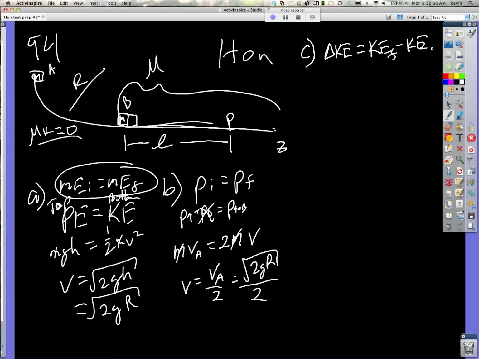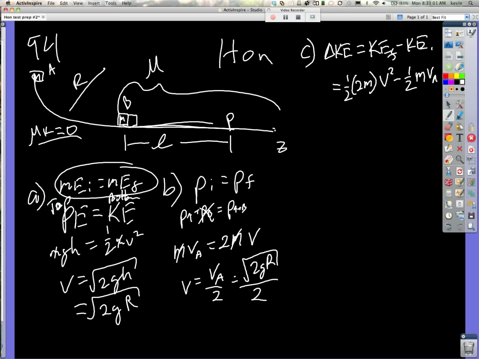So when I do this, I get m times square root of 2GR over 2, squared, minus m over 2 times square root of 2GR, squared, right?